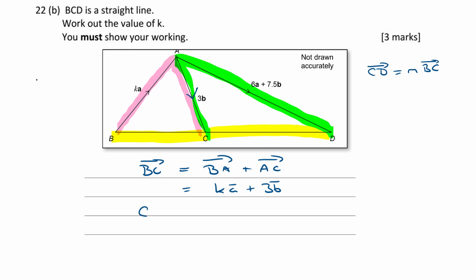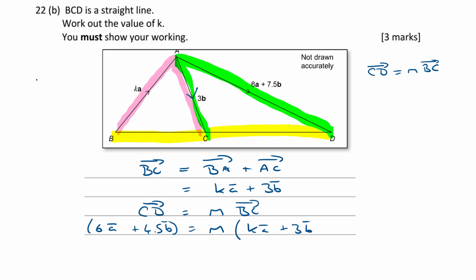Now we know that vector CD is some multiple of vector BC because they're three collinear points. In other words, CD, which we found earlier, 6a plus 4.5b, is equal to some scalar multiple of our new vector that we found, ka plus 3b.